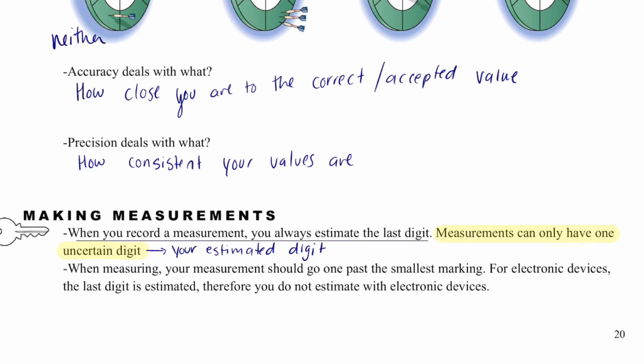Okay, and so that estimated digit will go one past the smallest marking, and we'll see an example here. And then for electronic devices like a scale or a pH probe, which we'll use later in the year, that last digit will be estimated by your actual device, and so you won't have to do that. So that'll be kind of nice.